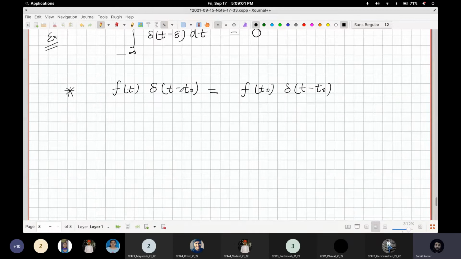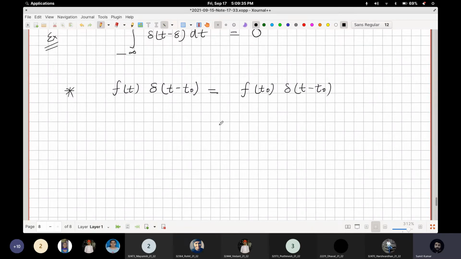If you multiply any signal with delta t minus t naught, you see that delta t minus t naught is 0 everywhere except t equal to t naught, isn't it? So everywhere f(t) is going to be 0, and the only value that is going to be counted will be at t equal to t naught. At t equal to t naught, the strength of the impulse here is equal to 1. When you multiply this with f(t), its strength is going to become higher, and that will be equal to the value of the function at that point.